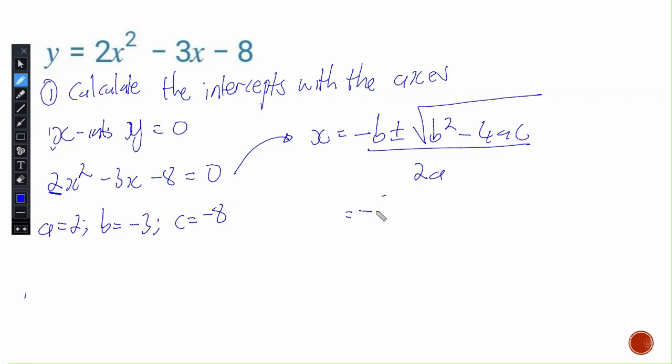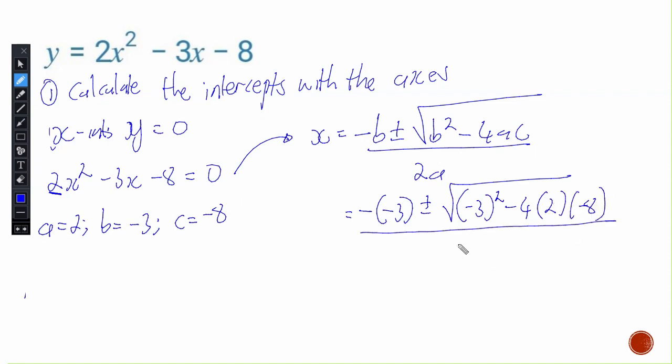Then you simply substitute everything exactly as it appears: negative 3 squared, then 4 times a which is 2, times c which is negative 8, over 2 times 2. Then it's just calculator work from here on. Simply punch all of this into your calculator.